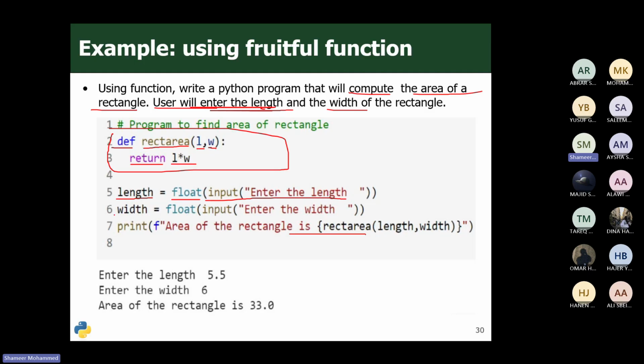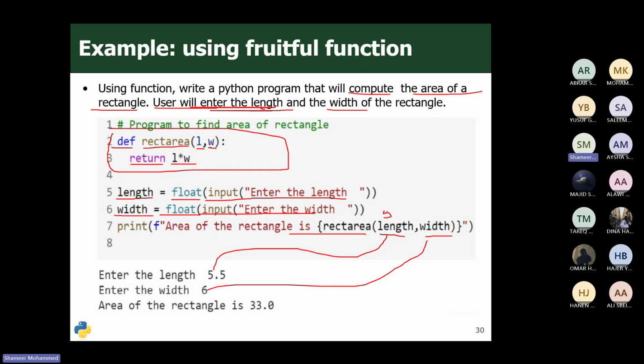Same, take another variable width, float, input, width. Now this length and width you are passing here, what is entered by the user at the time of running the program. So 5.5 is length, 6 is width.